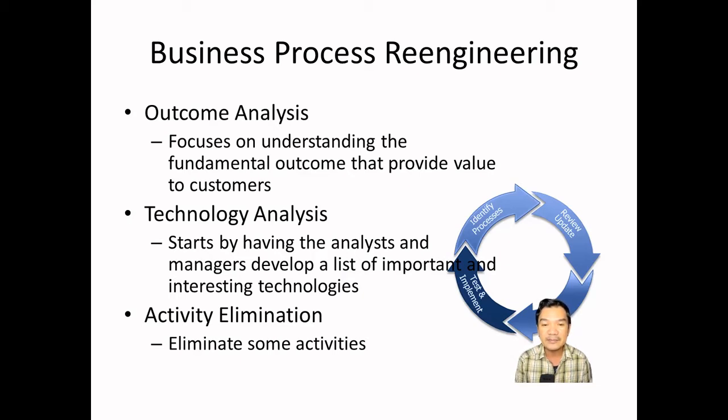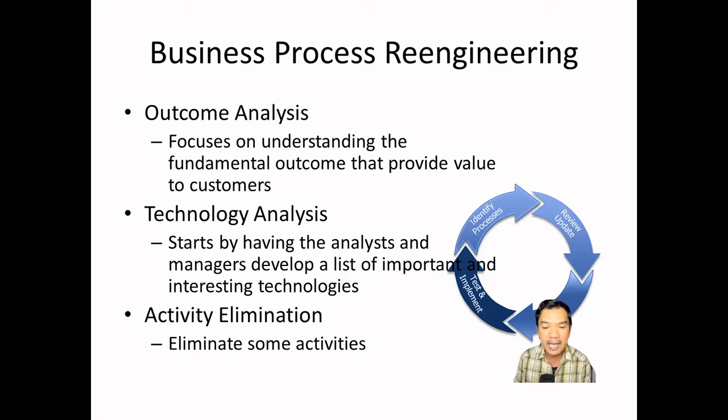So from that perspective, you might think of something else to do to get the real outcome that the customer wants. That means outcome analysis doesn't limit itself to the processes within the organization. Although you might not be able to implement it outside the organization, at least you think from the perspective of the customer.